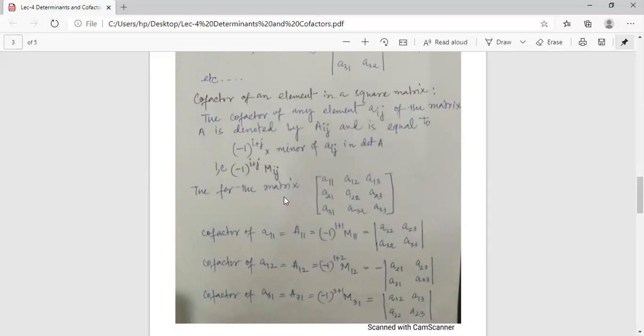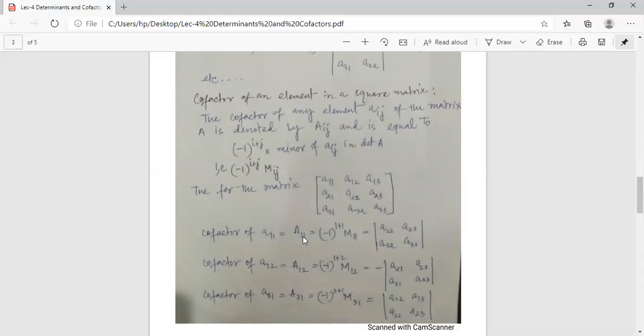Suppose we are asked to find the cofactor of the element A11. This is a square matrix of order 3. The cofactor of A11 is denoted as capital A11, and this is equal to minus 1 to the power i plus j.